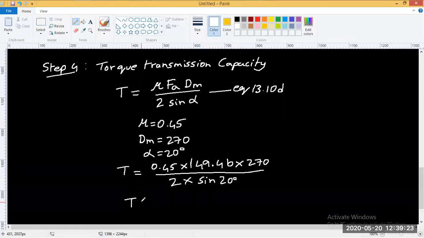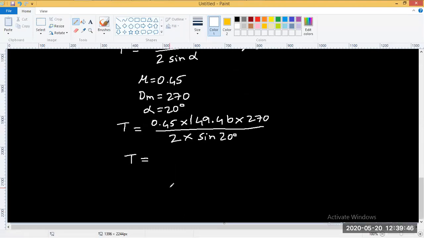So this torque capacity will be in terms of the face width B. Let's find out. 0.45 times 149.4 times 270 over 2 into sine 20.